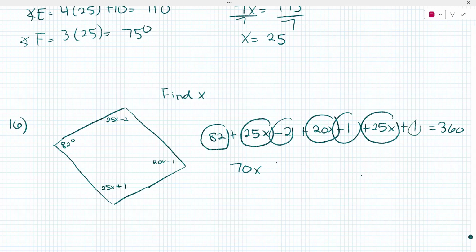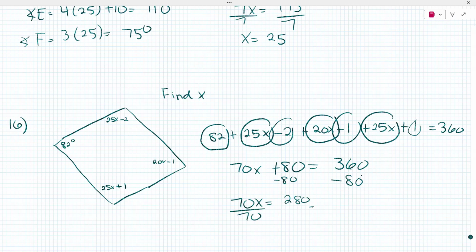That should give you 80. Set it equal to 360, and then subtract 80. So 360 minus 80 is 280. Divide this by 70. 280 divided by 70 is 4, so x is equal to 4.